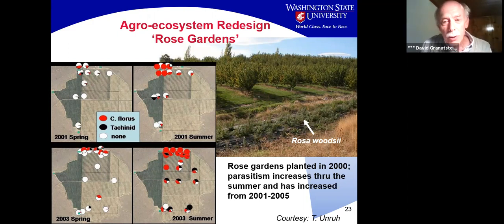So people started looking around and they said, is there some sort of plant we can put out there that would be an alternate habitat and perhaps is going to have an alternate host in it as well? And it turned out that the wild rose, which is a native plant here in central Washington, was a good alternate habitat for this particular parasitoid.